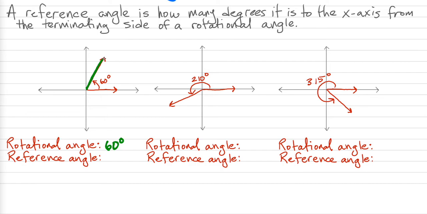And with that terminating side, I'm going to draw a line to the x-axis. If I draw a line to the x-axis, because that's what a reference angle means, I'm going to have a triangle with a 60-degree angle. So the reference angle will also be 60 for that first picture.